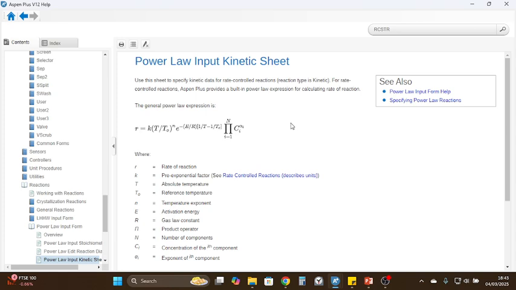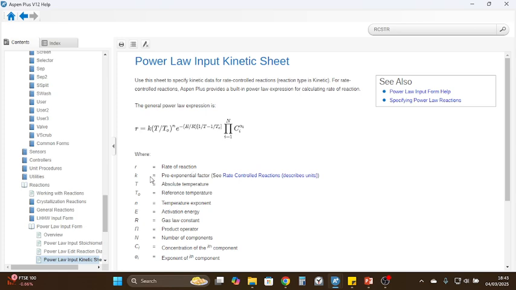Okay, in CRE you must have seen this particular equation where we use k (T/T naught) to the power n e to the power minus E by R (1/T minus 1/T naught), and then we have the concentration terms. Okay, so what is r?